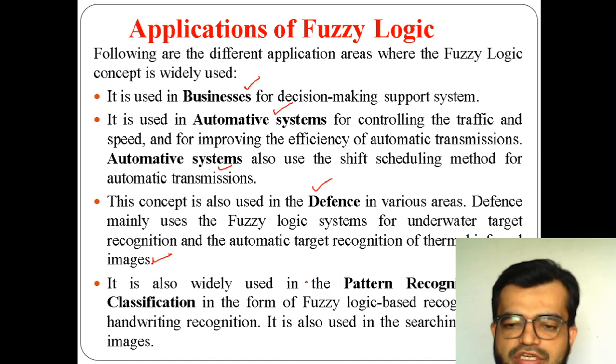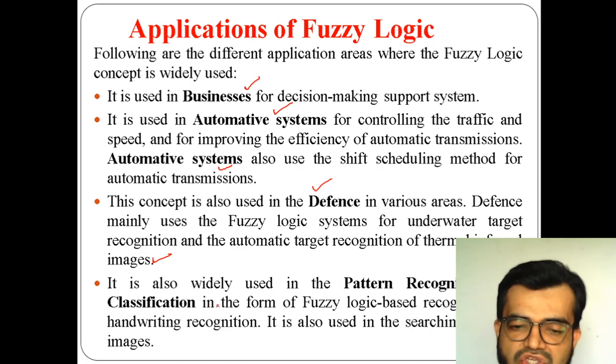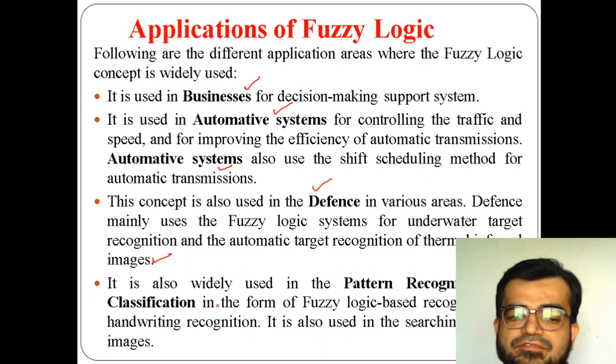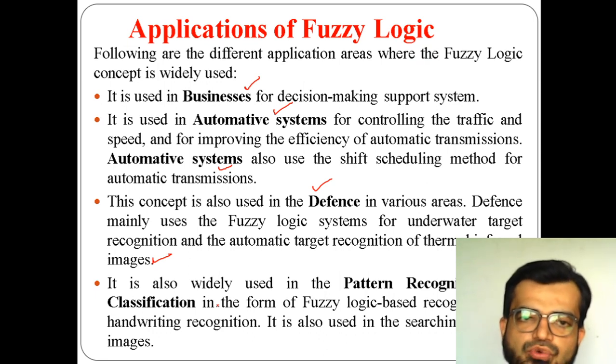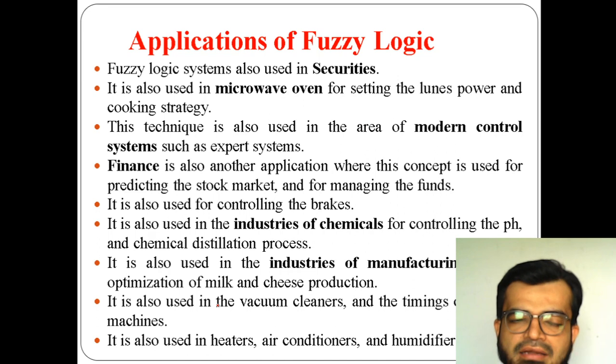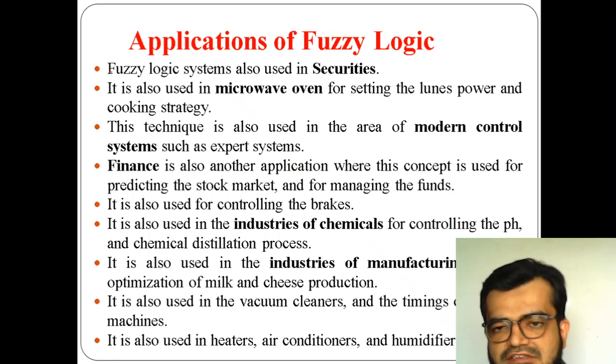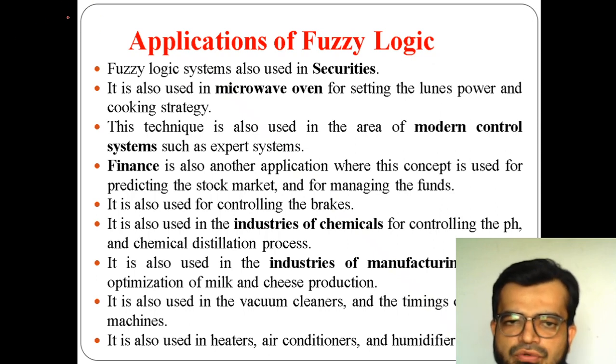It will also be used in pattern recognition and classification, such as handwriting recognition, and also for fuzzy images. Mostly it will be used in most parts, and in security as well, and in home appliances such as the microwave oven. Everyone knows how this process performs here.